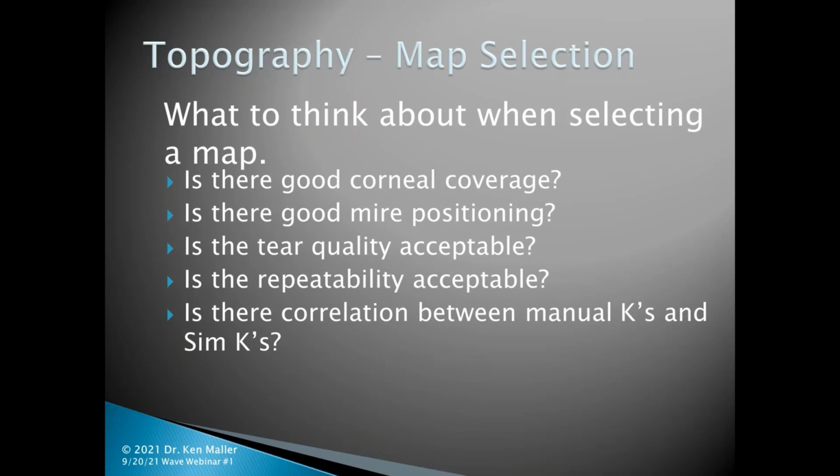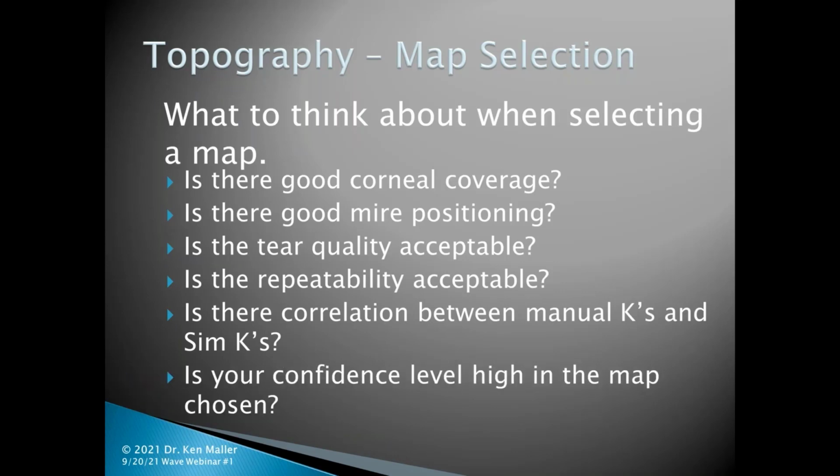There's clearly something wrong somewhere. And manual Ks are relatively easy to do. There's a lot less that can go wrong in the process of taking those. So I highly recommend, especially at the beginning, while you're learning how to be discriminating about which topography you're going to utilize for a design, go ahead and get manual keratometry and compare it with the simulated Ks and make sure that they're actually in agreement. Okay, and once you've done all that, you have a lot of confidence in that map that you chose.